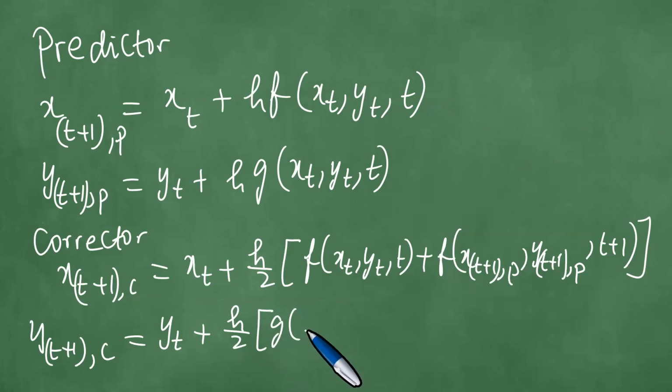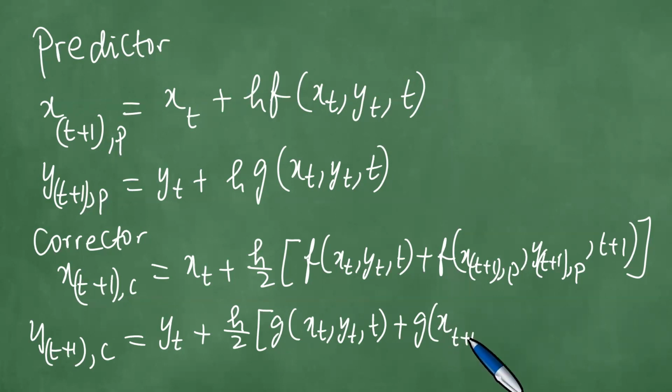And then we have here x_t, y_t, t plus g of x sub t plus 1 p, y sub t plus 1 p.